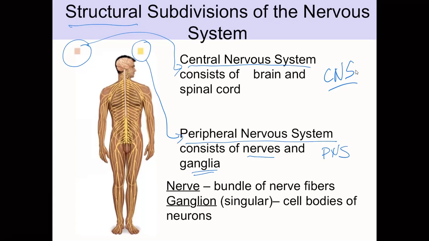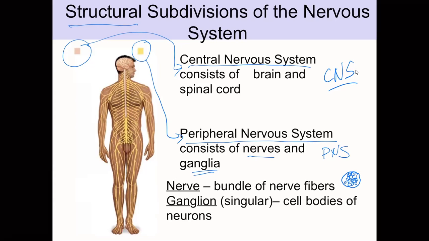Now here's some vocabulary. A nerve is a bundle of nerve fibers. You could pretend you're taking a whole bunch of spaghetti and taping them together. Each little spaghetti noodle is a nerve fiber, and if you tape them together, that makes a nerve.